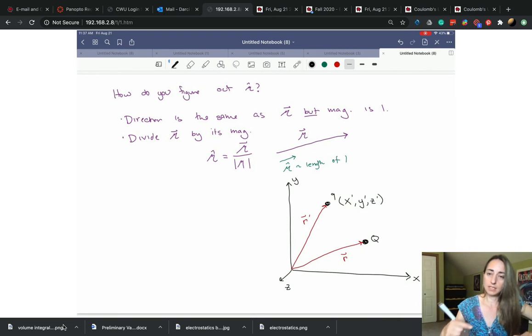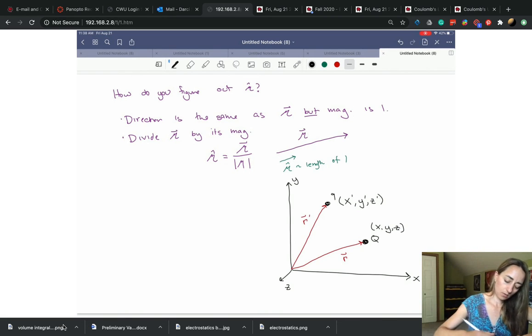Instead of defining the position vector to give the position of these 2 charges, I could just give their x, y, and z locations. For the source charge, I'm going to put primes on the x, y, z to indicate that those variables are related to the source charge. For our test charge, no primes.